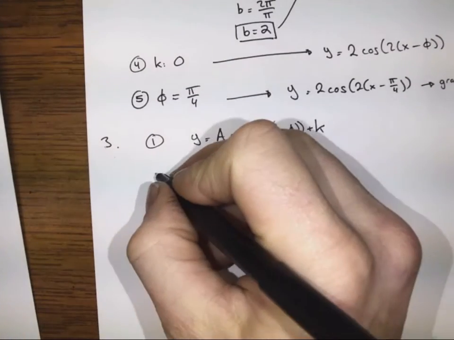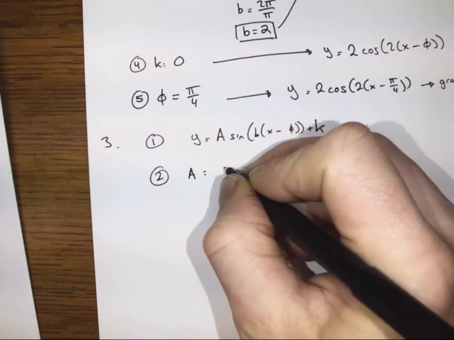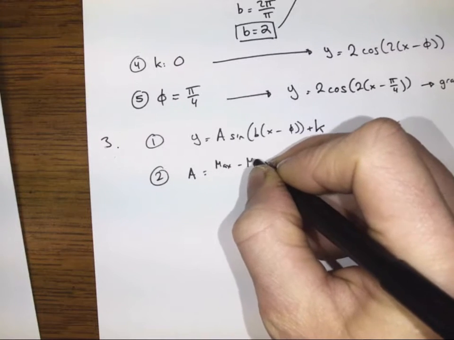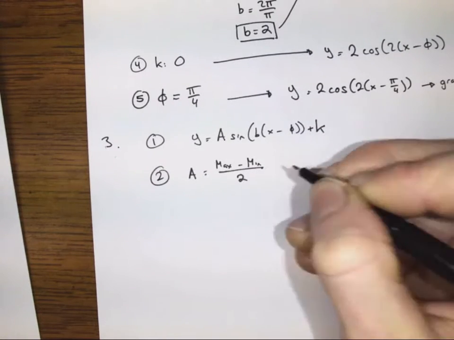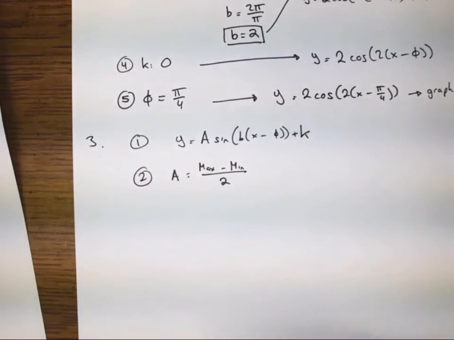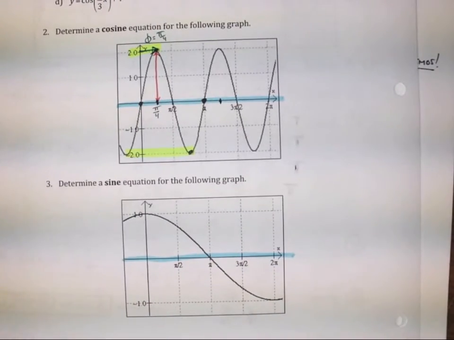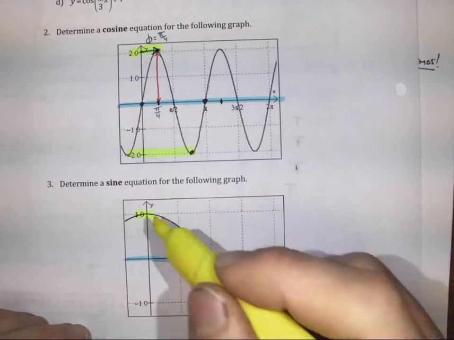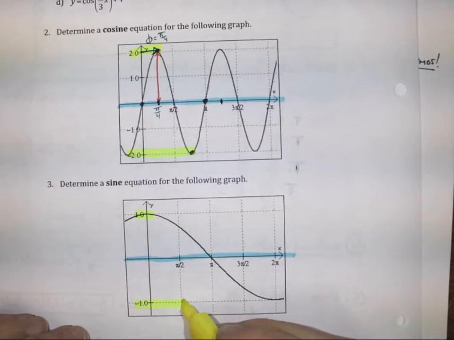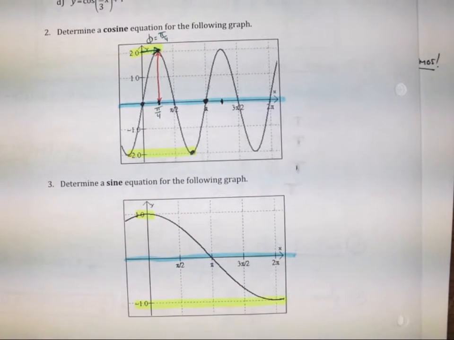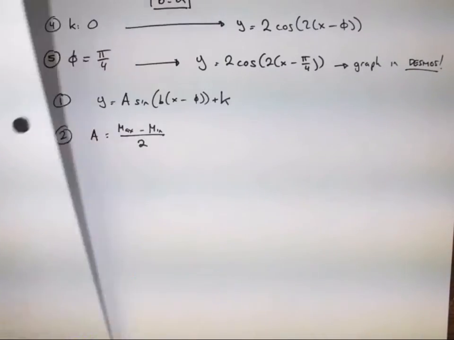So for our amplitude, that's equal to our maximum value minus our minimum value, and we're going to divide that by 2. If I look at my graph, it looks like the maximum value this wave hits is 1. That's our max. And our minimum value is -1 over here. Those are our maximums and our minimums.